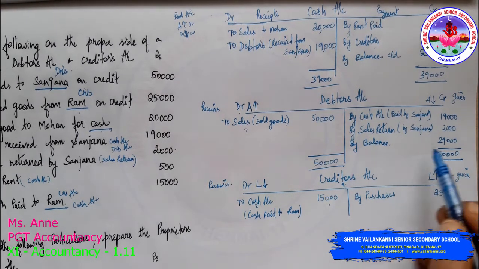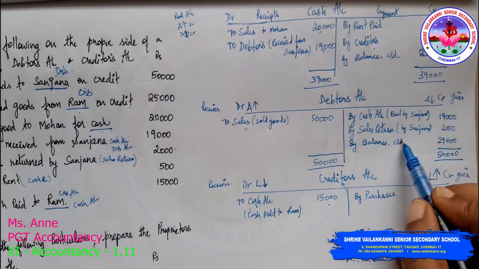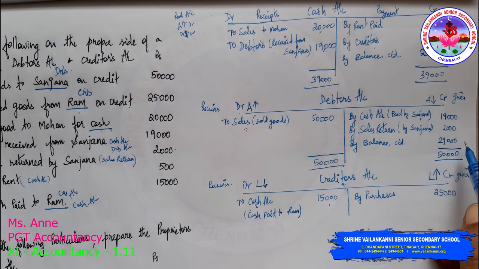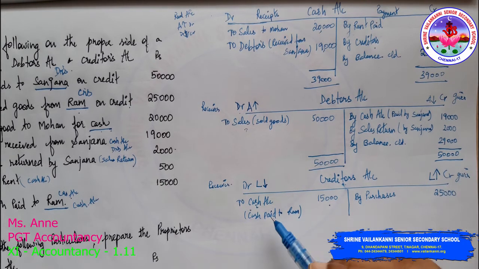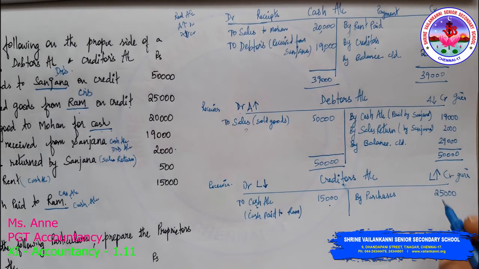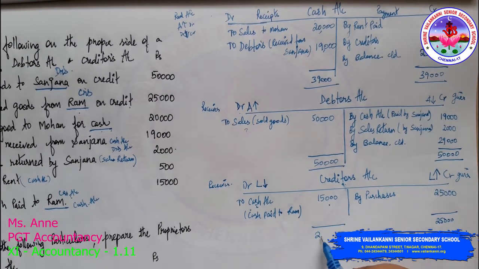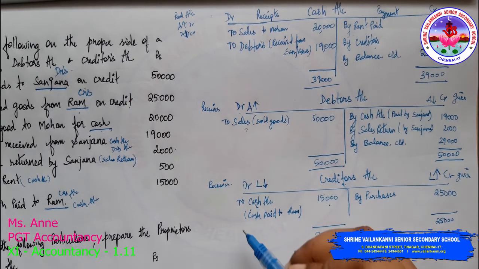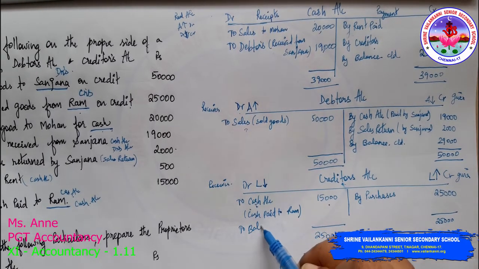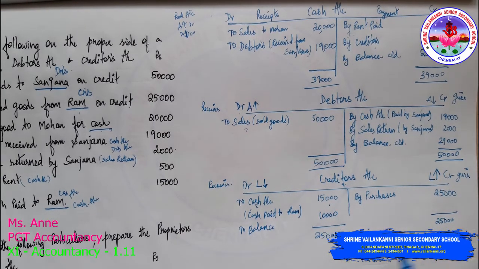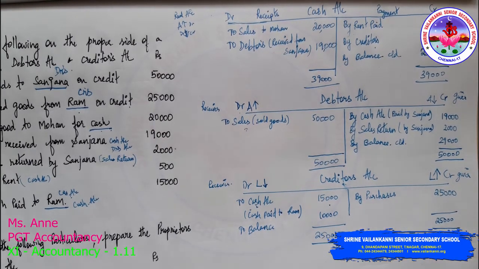So by balance carried down 29,000. Then you have creditors. On my credit side it is 25,000. To make this 25,000, I need to have a balance of 10,000, so that both the sides are equal.